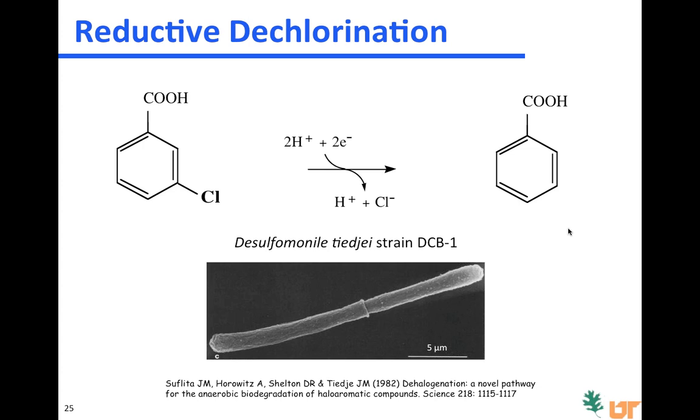What was interesting is that this reductive dechlorination reaction was sufficient to sustain growth of this organism, Desulfomonile tiedjei. So this was a very curious finding. And it took at least 10 or 15 years to actually recognize the relevance of this process for bioremediation.